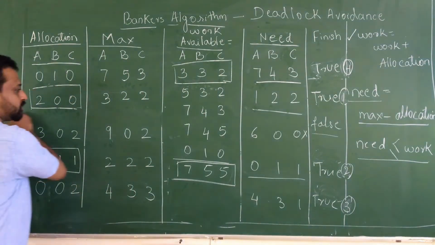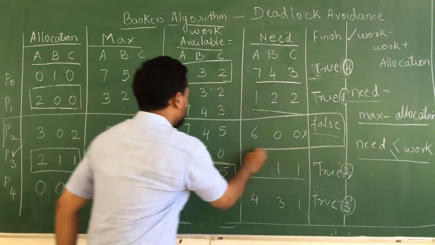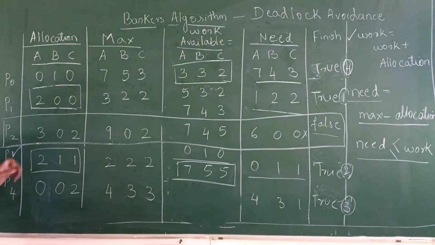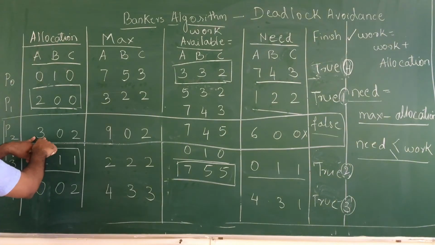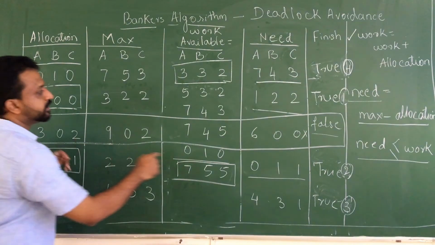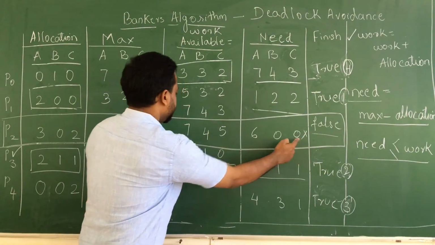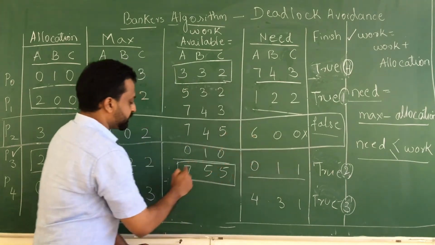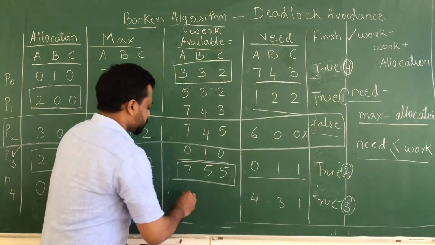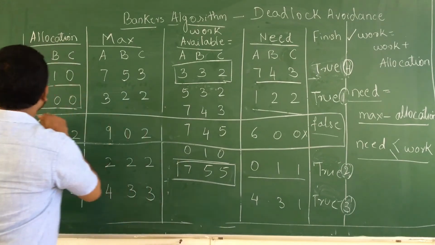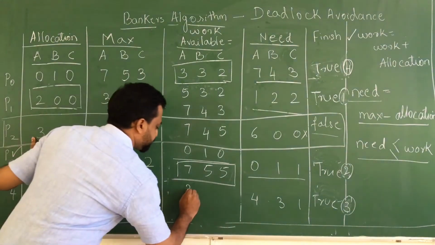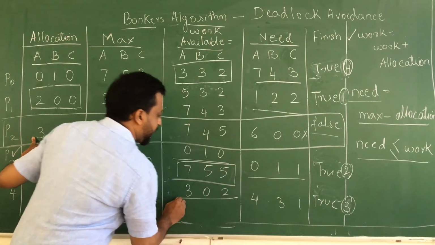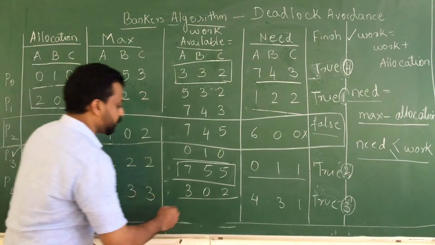P2 process is not true yet, so we have to use this process. Process P2 has 302 as allocation. Need is 600. Can I justify 600 with 755? Obviously yes. So I use the allocation of process P2, 302, and add it to the present work.